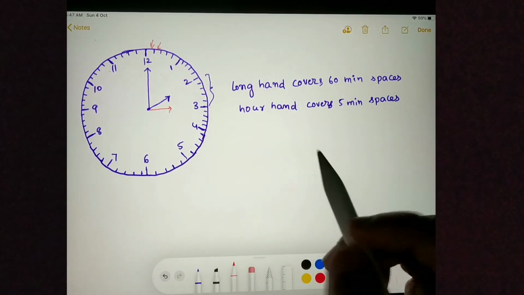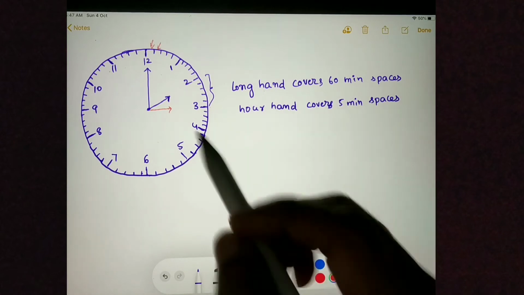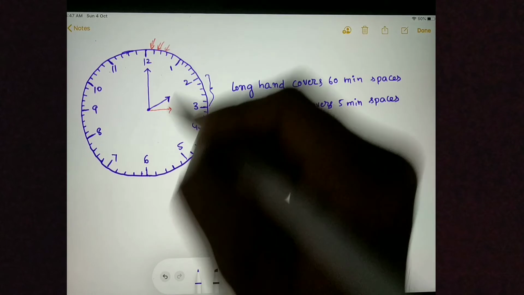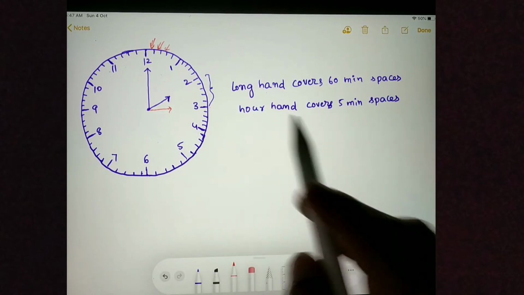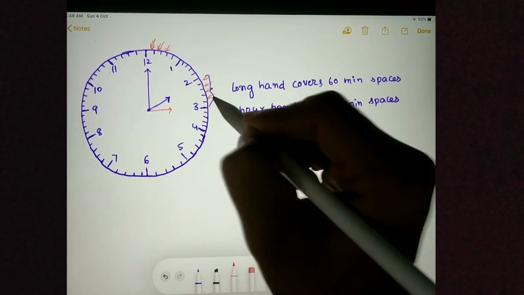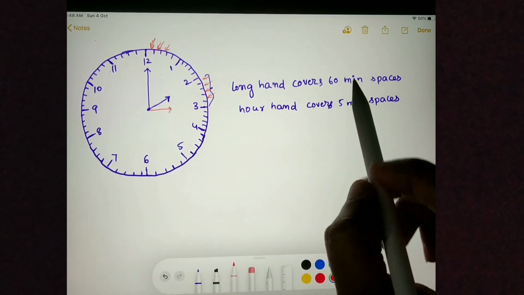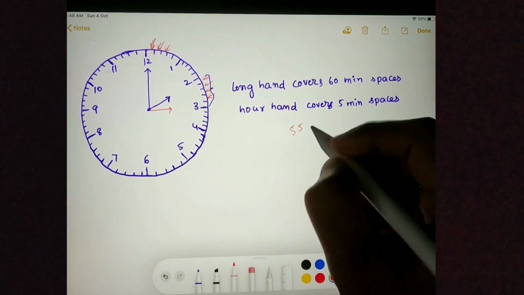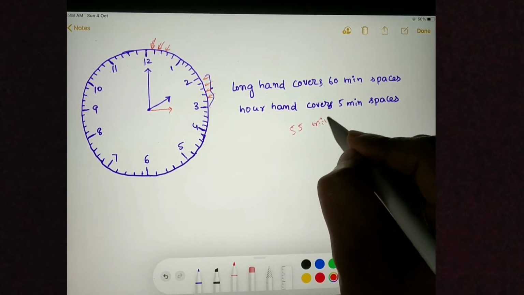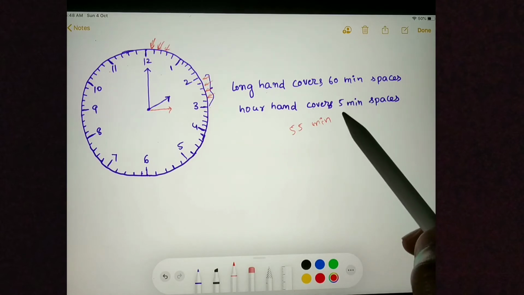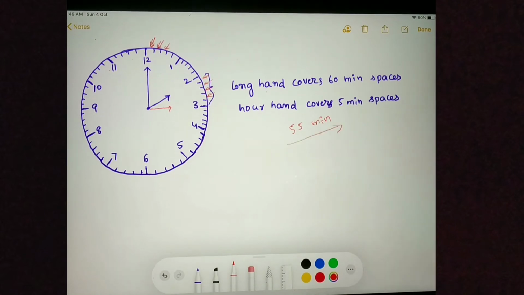From this what we can say is in 60 minutes the long hand is covering 60 minute spaces, and our hand is covering only 5 minute spaces. So the long hand is getting 55 minutes gain. You can see here the difference between 60 and 5 is 55.